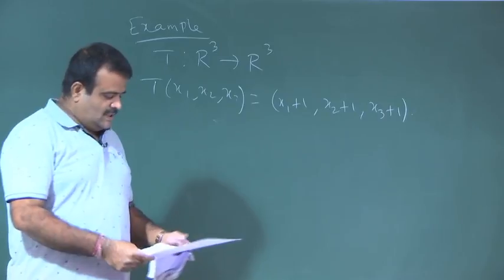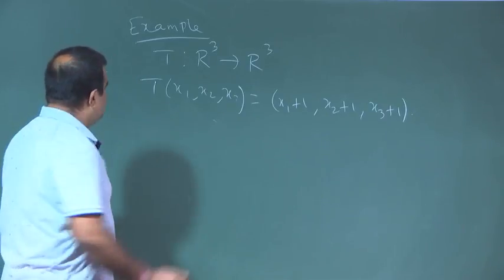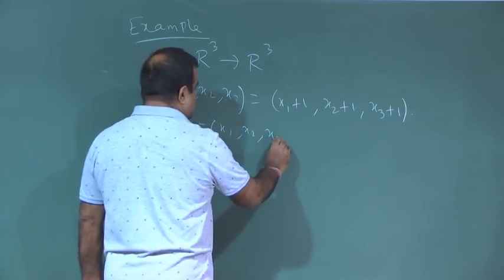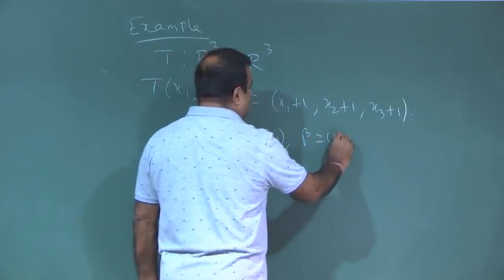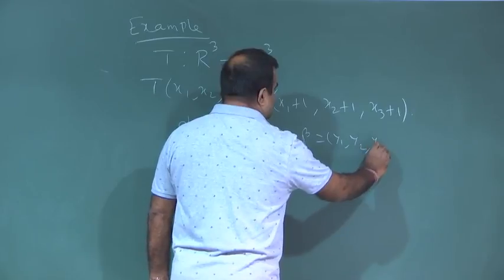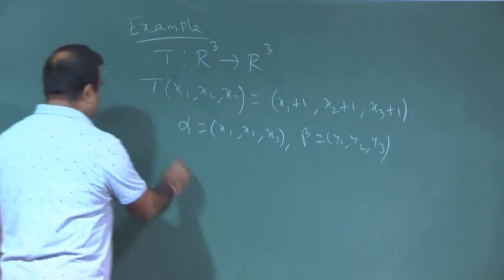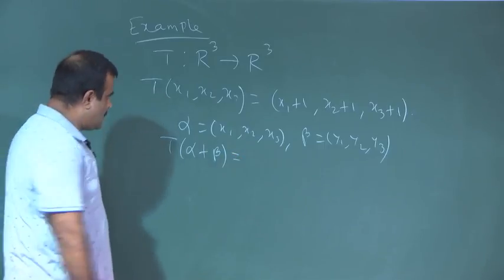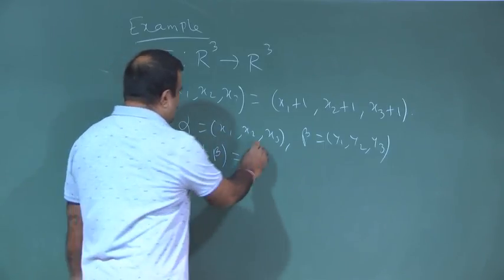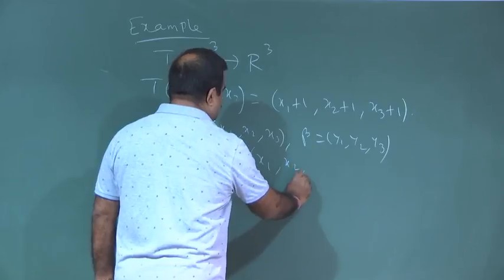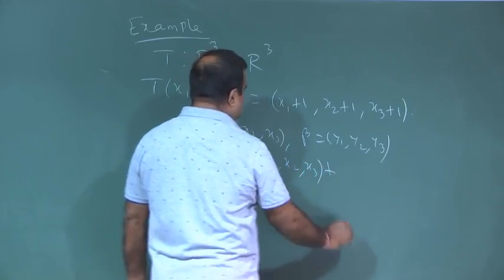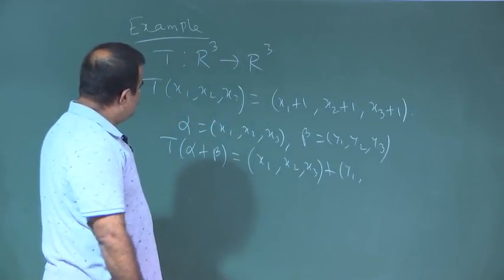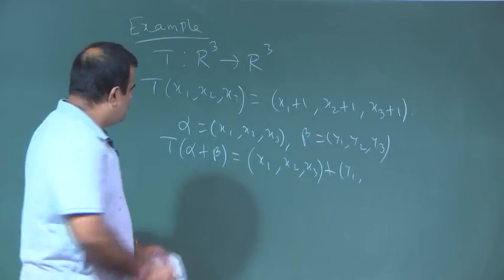Now we will see this is not a linear transformation, because if we take alpha to be x1, x2, x3 and beta to be y1, y2, y3, then T of alpha plus beta is, what?